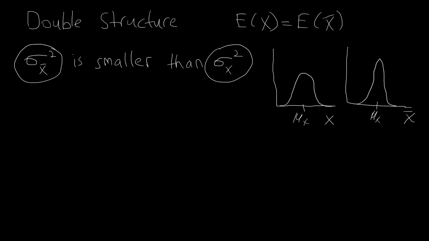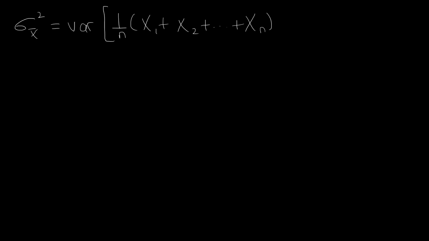Okay, so let's start. First of all, let me just clear up the space. Like we did in the previous video, we're going to start by plugging in for x bar. So the variance of x bar is equal to the variance of 1 over n times x1 plus x2 plus all the way to xn.